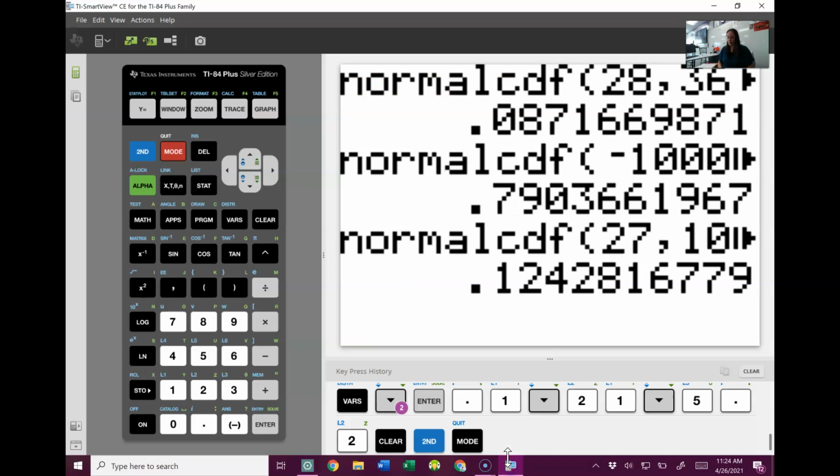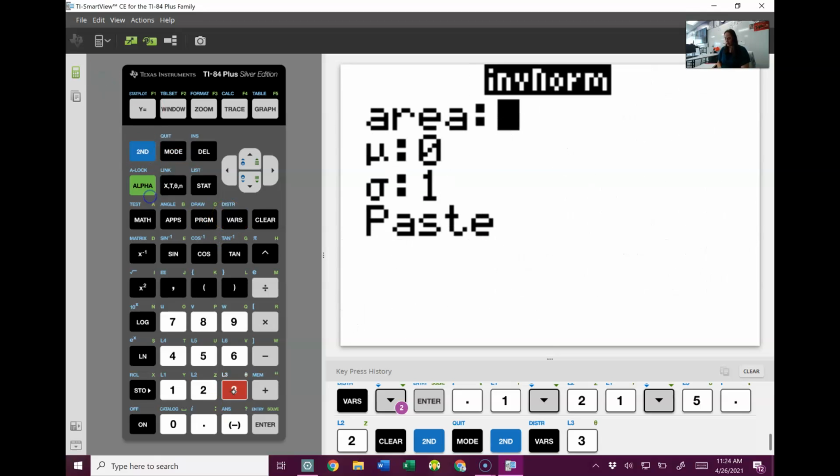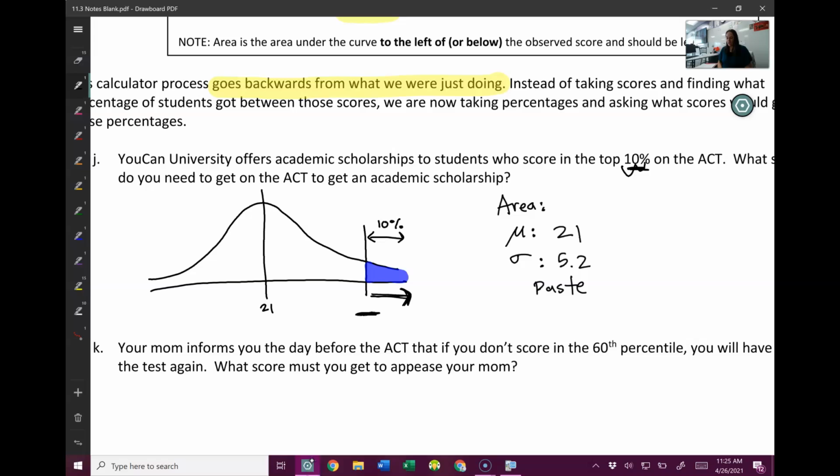For example, on mine, I do second vars, do my inverse norm, number 3, and it has area, mean, standard deviation, paste. If you have a newer calculator, it's going to say left, middle, and right, and then it's going to say paste. Either way, you will get to the same answer.